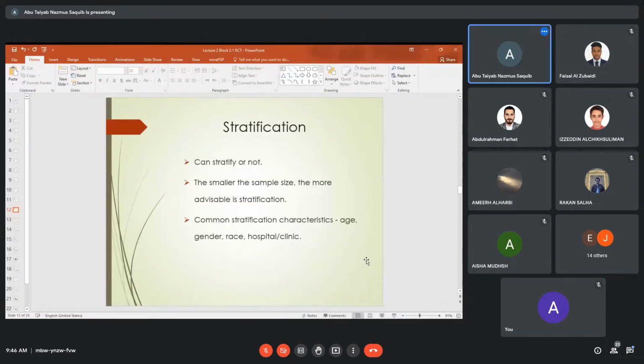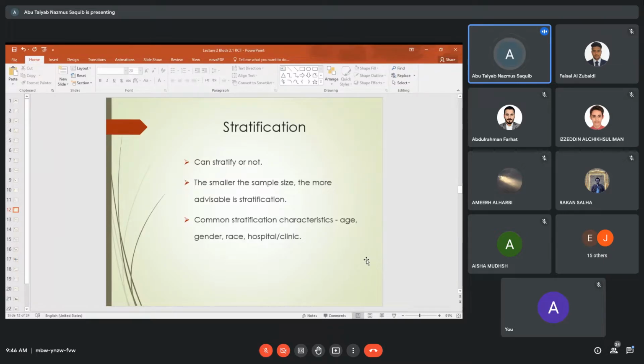So I will take 15 older and 15 younger, and then within the older 15, I will randomize them into two groups, and the younger 15, I will randomize them into two groups. So at the end, I will have a representation of both young and old in the intervention and the control group. If you employ that method, it's called stratification. Often the common stratification variables are age, gender, race, or the multi-center RCT.